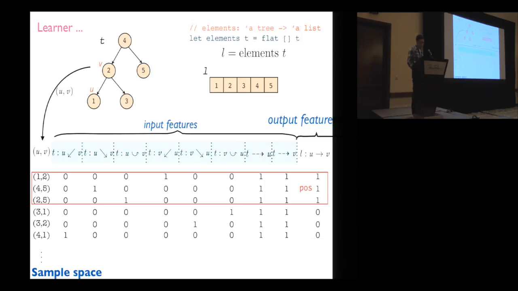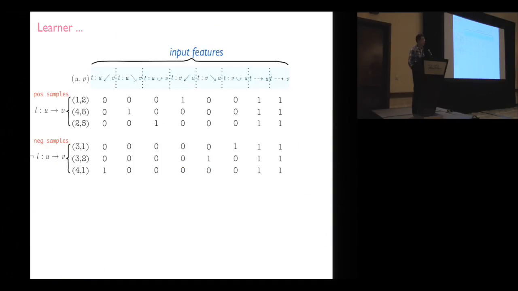The other samples do not satisfy it. So these are the negative samples for this particular output feature. The goal of the learning algorithm is to find a classifier that can separate all the positive samples of this particular output feature with the input features.